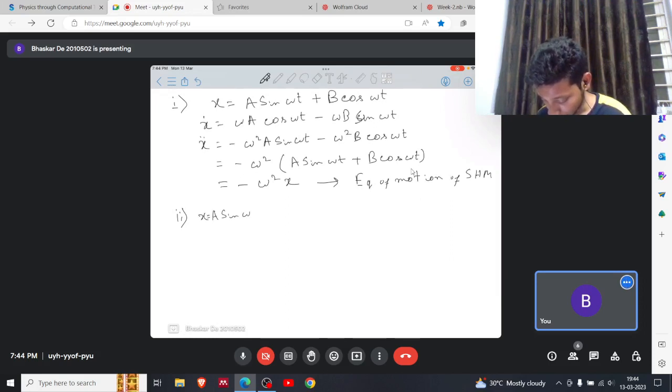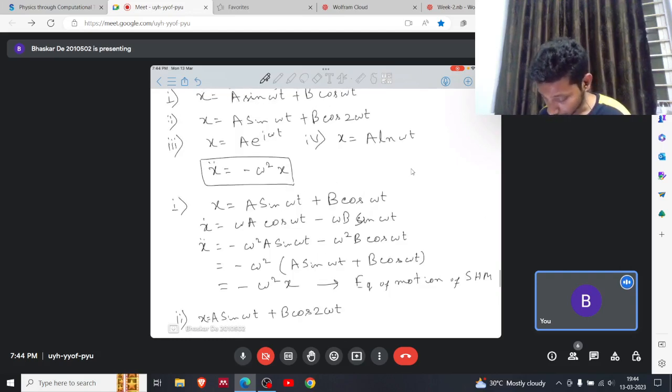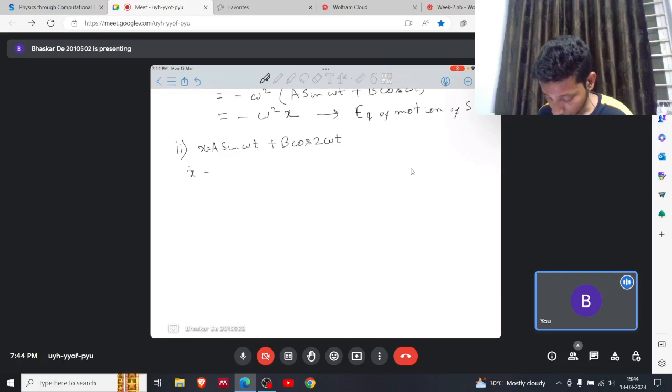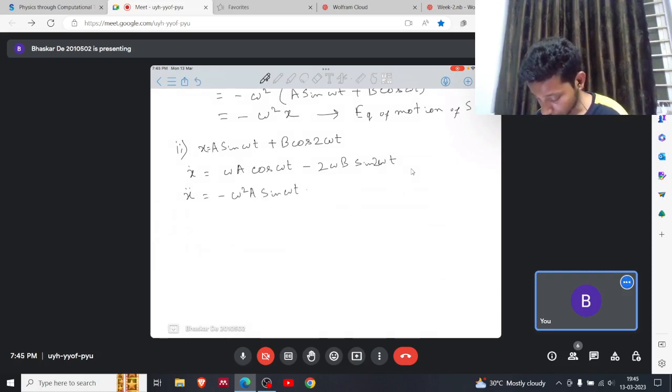Now for the second one, a sine omega t plus b cos 2 omega t. Now x dot equal to omega a cos omega t minus 2 omega b sine 2 omega t, x double dot equal to minus omega square a sine omega t minus 4 omega square b cos 2 omega t.